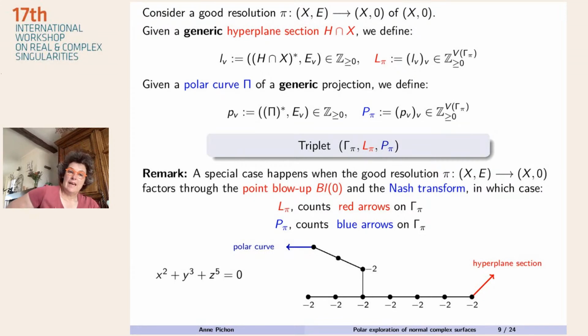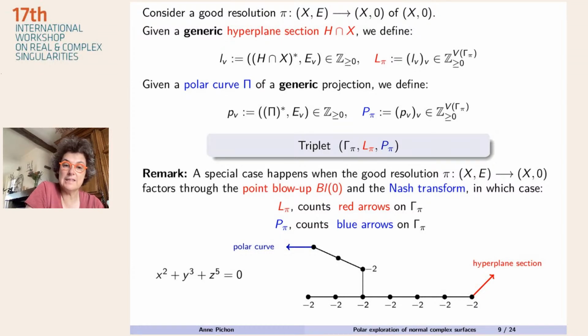And you can do the same with the polar curve. Take a polar curve of a generic projection of your surface, and you define p_V as the intersection of EV, an irreducible component of E, with the strict transform of your polar curve. And then, in the same way, you can define the vector P pi of such integers p_V.